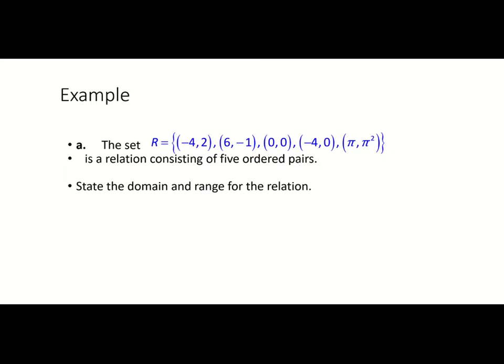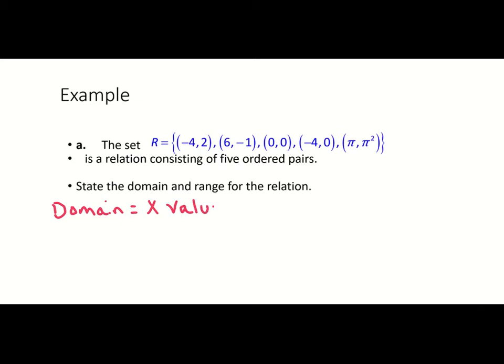Okay. So for this first example, they give us a set of ordered pairs. Our ordered pairs are (-4, 2), (6, -1), (0, 0), (-4, 0), and then (pi, pi squared). They want us to state the domain and the range. So again, remember your domain are your X values.